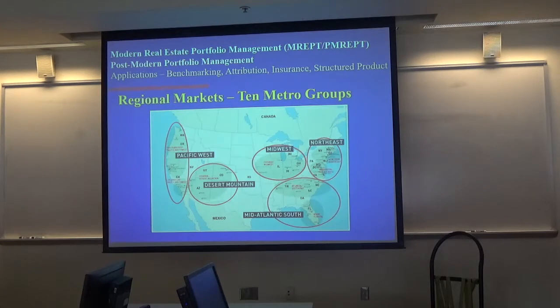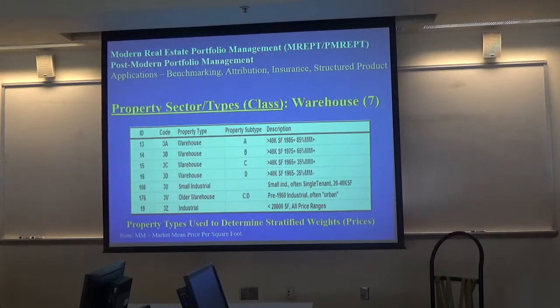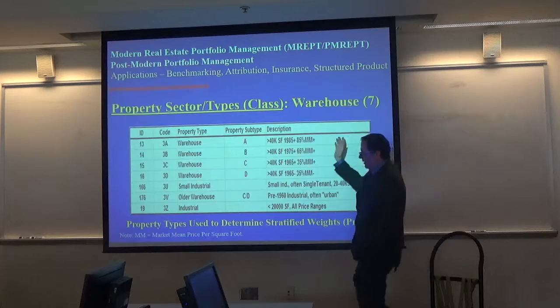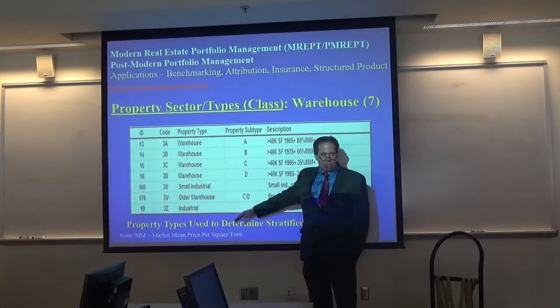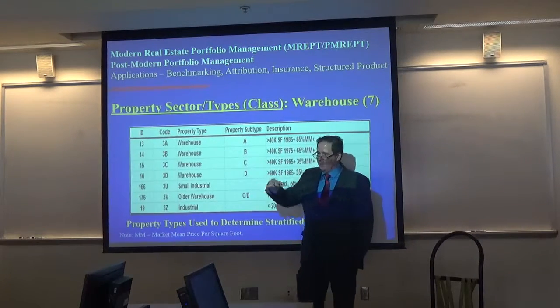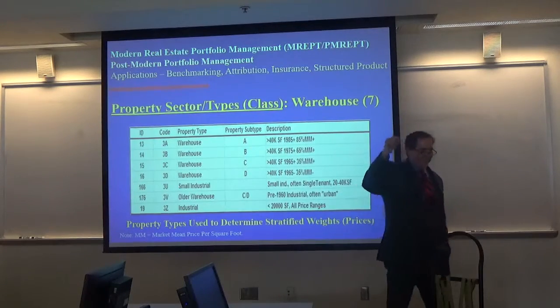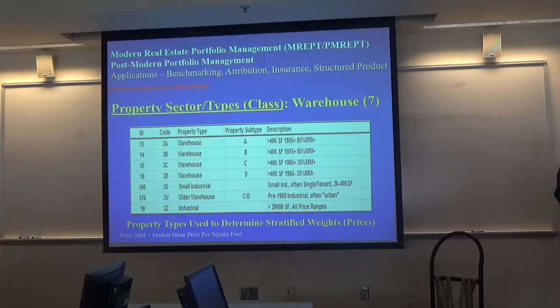And then what we did is every property transaction that came in, we coded it. We coded it by property sector, we coded it by property type and quality class, all the way down to the zip code level, and back up to the county and the metro level. So there was a lot of coding.